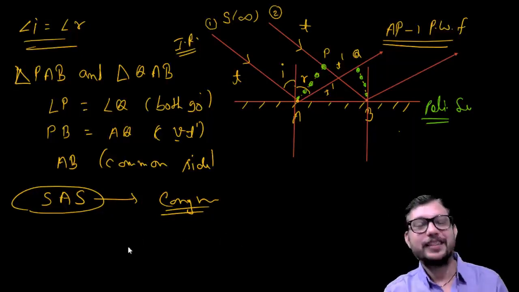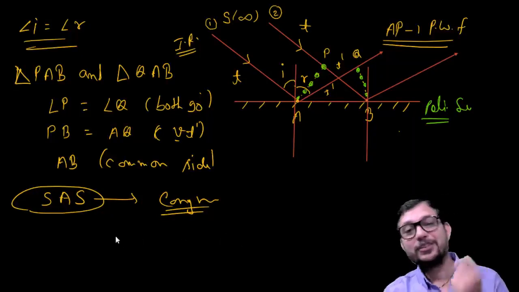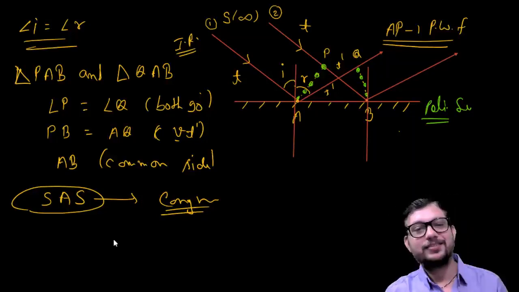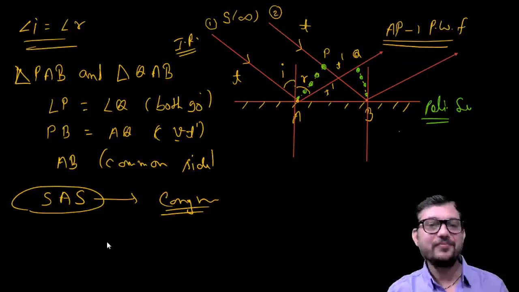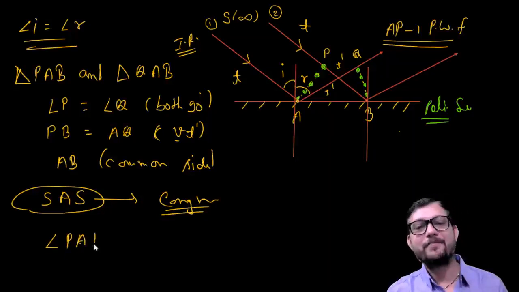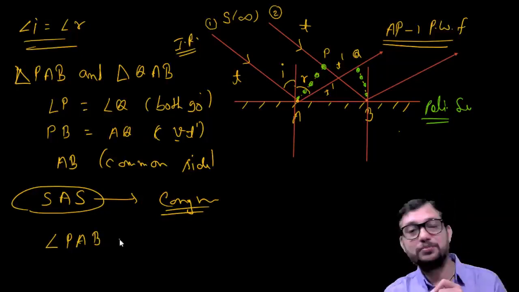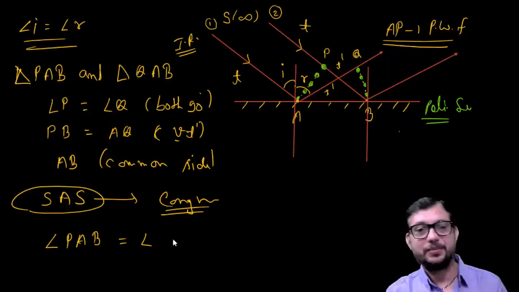And if the third angle must be equal, we can simply say that angle PAB must be equal to angle QBA.